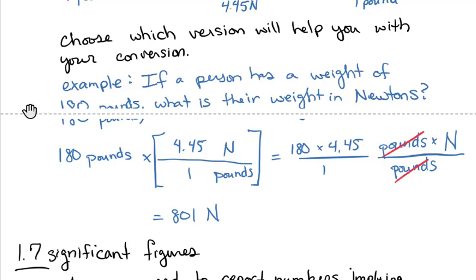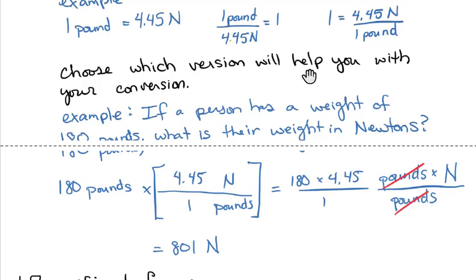Sorry about that again. So, as an example, if a person has a weight of 180 pounds, what is their weight in newtons? So I'm just going to write down the 180 pounds that we start with, and then I'm going to multiply it by a conversion factor. And so I'm going to grab one of the previous conversion factors up here, and you have to choose which one you want.